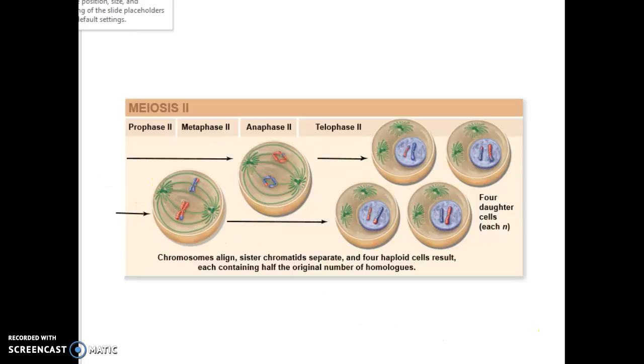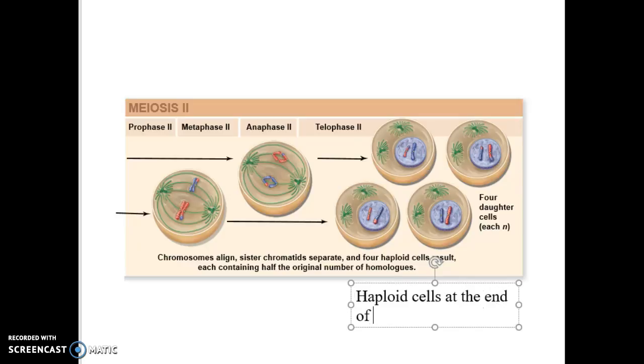Diploid refers to the full amount of genetic material. Haploid refers to half. Haploid cells are represented as little n at the end of meiosis 2.